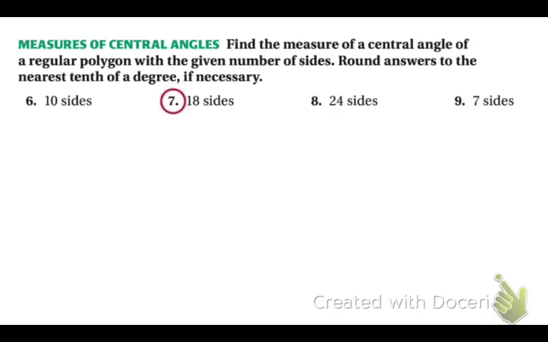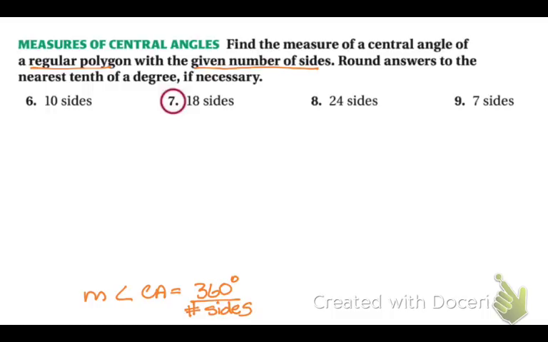So the second set of problems. Sorry, I need water. Okay, the measures of the central angle. So find the measure of a central angle of a regular polygon. Again, here's our regular polygon with the given number of sides. Now, if you remember the formula, which I suggest you write in your notes if you haven't done so already, the measure of the central angle is equal to 360 degrees divided by the number of sides.